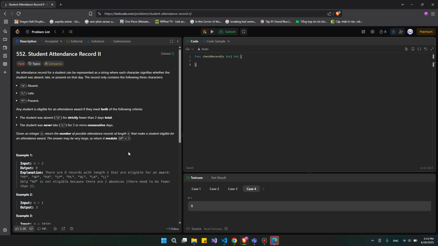The answer may be very large, so return it modulo 10^9 + 7. Okay, so we have a number n and we have to return the number of valid records.